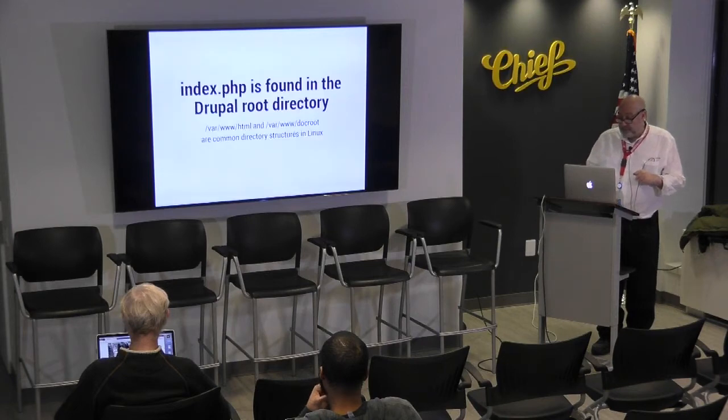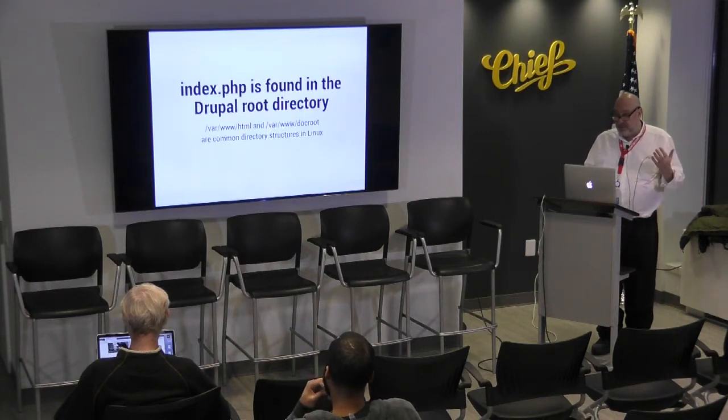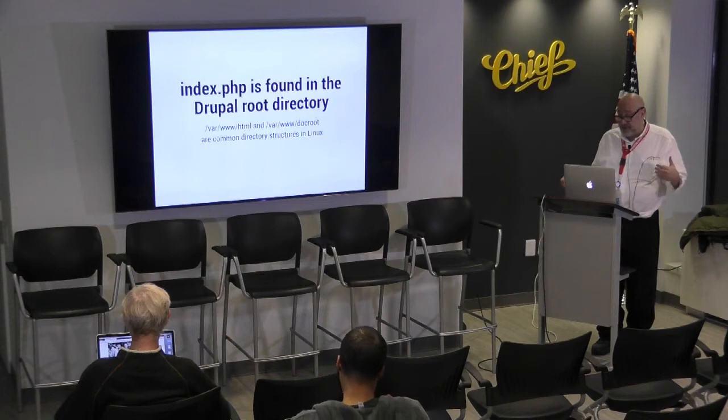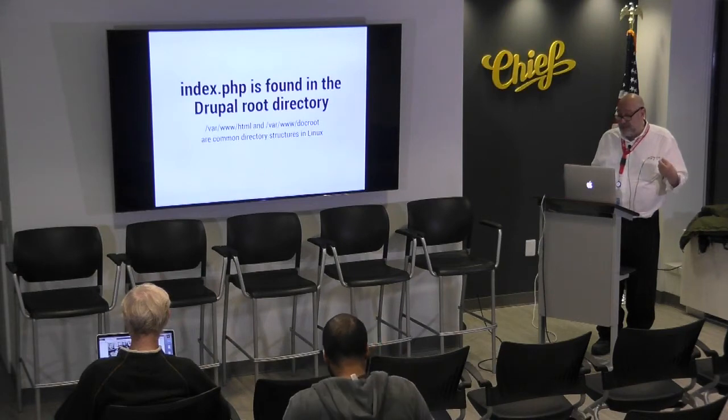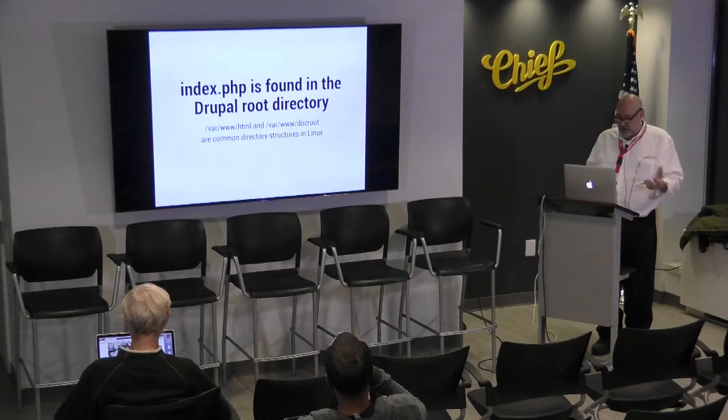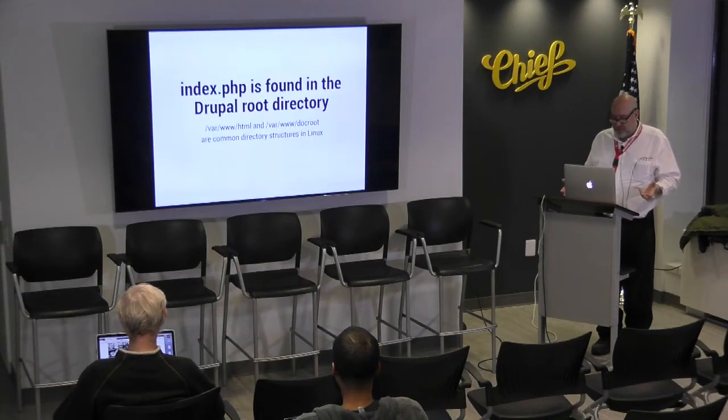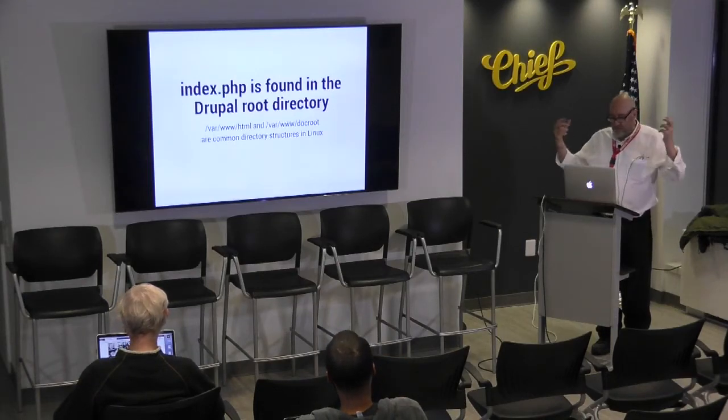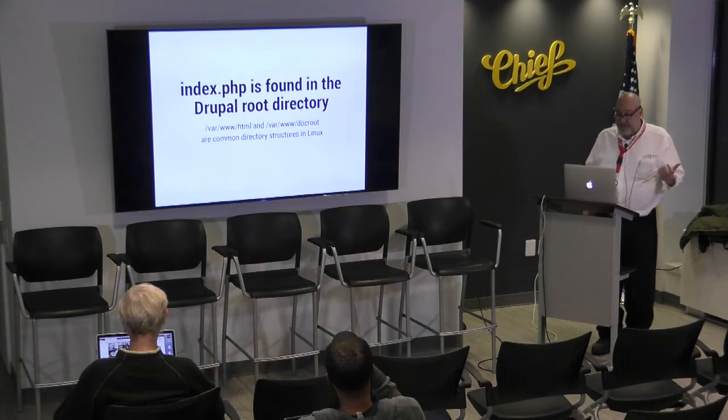Now, as I said, the index.php is found in the Drupal root directory, and that is generally with every single installation of Drupal, you'll start out with this. If you need to change it, that sometimes happens. I don't recommend it, but it could. But the bottom line is that when you untar a Drupal archive, and you pull it down and it's your new version 8.43 or whatever the next one is, it's there, and it's structured that way.